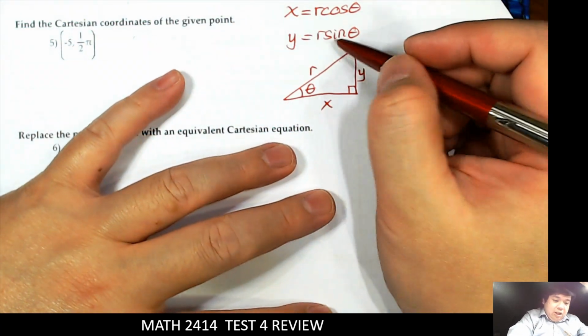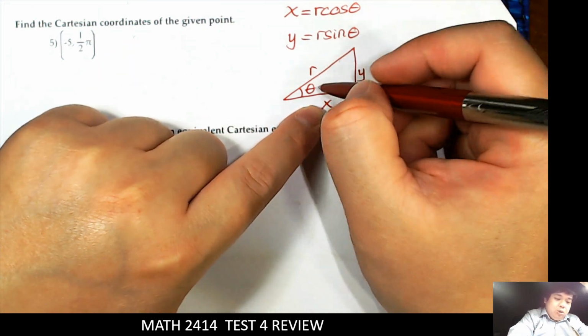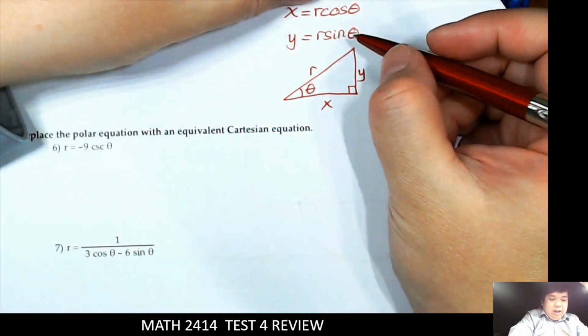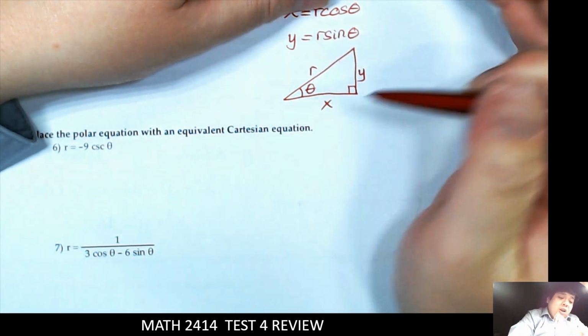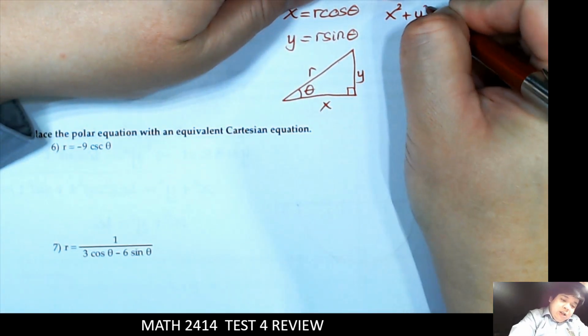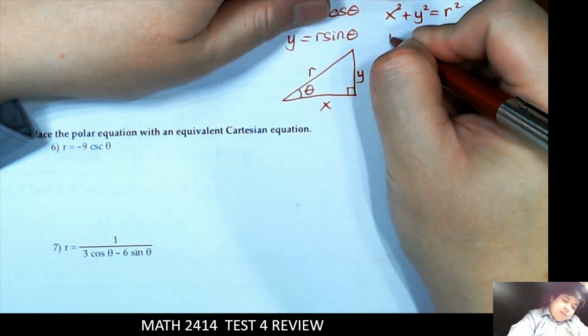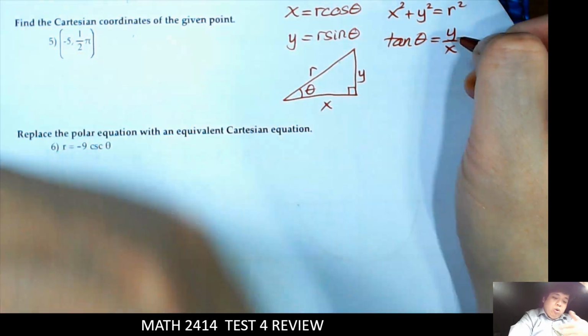Obviously x is equal to r cosine theta, because cosine is x over r, and sine is y over r, so y is r times sine theta. Then we have x squared plus y squared equal to r squared, and tangent of theta is y over x. So we're going to use those.